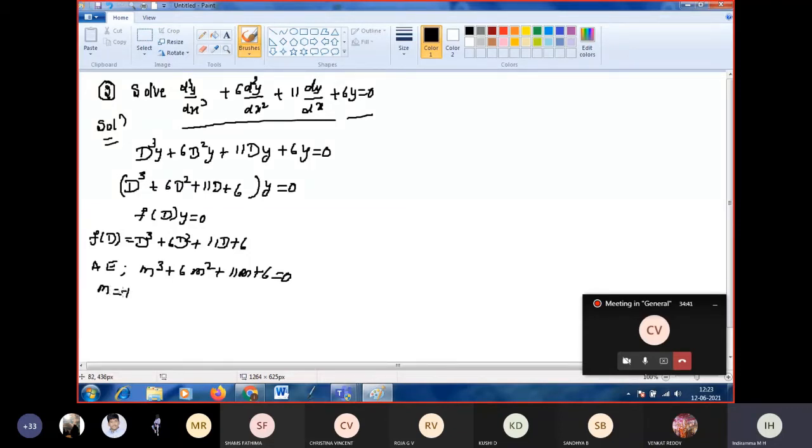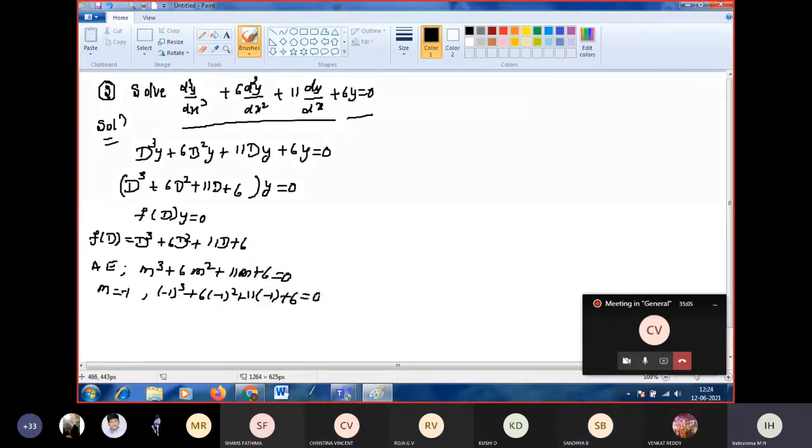Start with minus 1. If you put m equal to minus 1, what you will get? Minus 1 cube plus 6 into minus 1 square plus 11 into minus 1 plus 6. What is the value of this? 0, ma'am. For the first value itself, we got 0. That's nice.